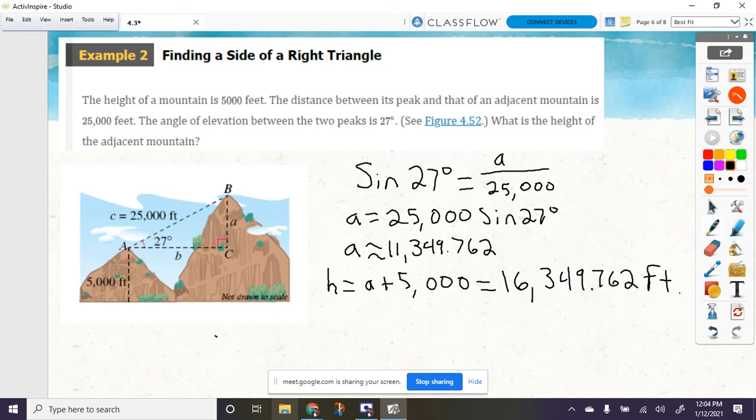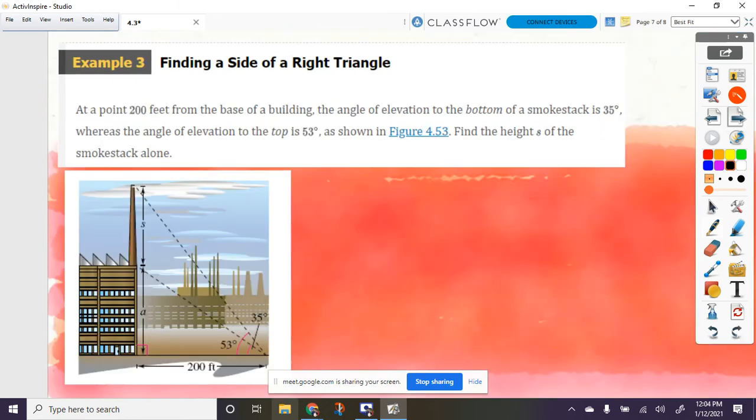All right. So then let's look at one last example together. So it says at a point 200 feet from the base of a building, the angle of elevation to the bottom of a smokestack is 35 degrees, whereas the angle of elevation to the top is 53 degrees, as shown in the figure.